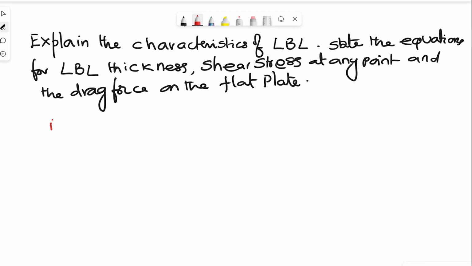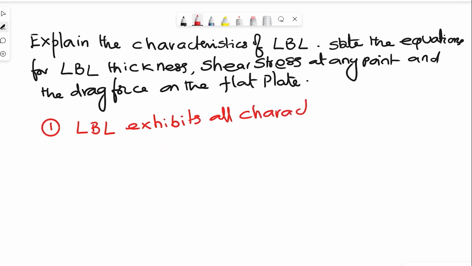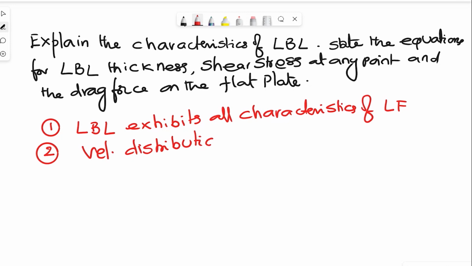Laminar boundary layer exhibits all characteristics of laminar flow. That is first. Then the second one, the velocity distribution is very, very important.